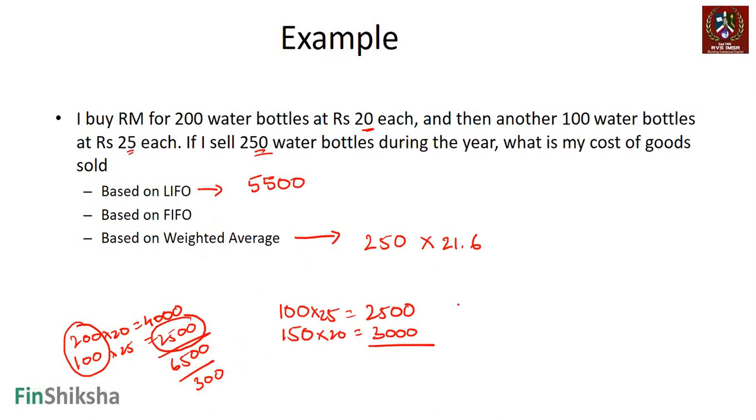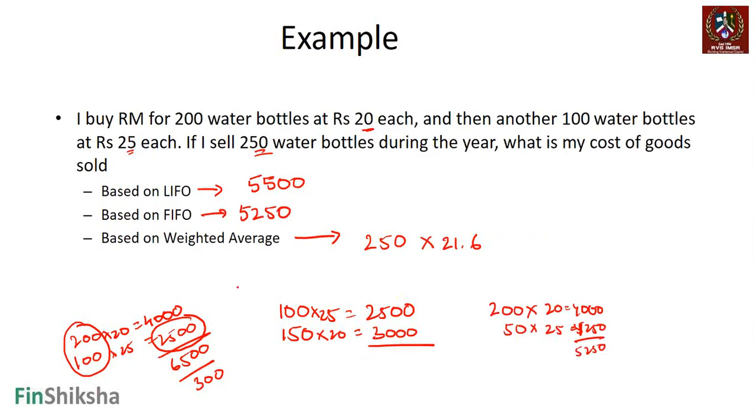In the case of FIFO, I will first use the 200 that came in at 20, so that's 4,000, and then the 50 that came in at 25, so that's 1,250. Sorry, this is 1,250, total being 5,250. So in the case of FIFO, this will be 5,250.